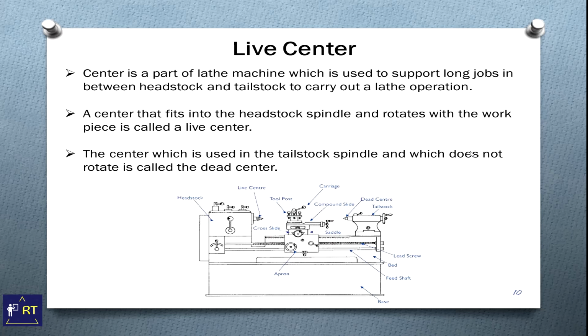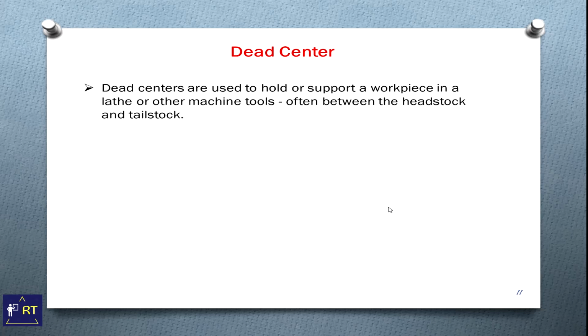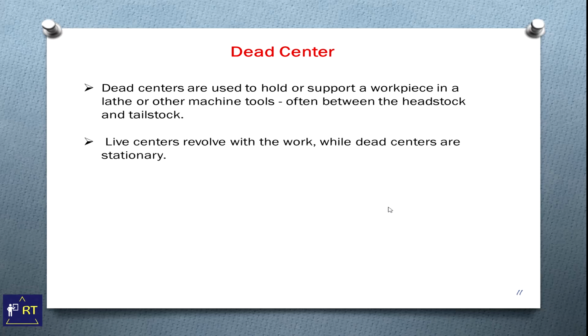And this is the image of a lathe machine, and this is the live center, headstock, tool post, and this is the tailstock and dead center. Dead centers are used to hold and support a workpiece in a lathe and other machine tools, often between the headstock and tailstock.